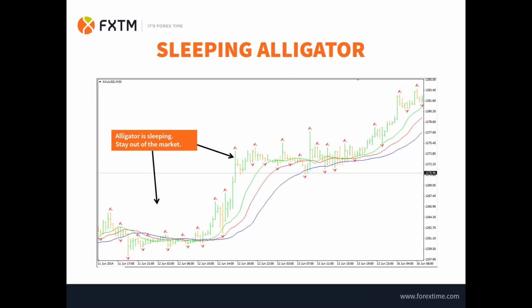They are not opening and going down. They are mixed up like a spaghetti, like in this case here. So here the alligator is sleeping, and it's not a good opportunity to take any of these fractals to buy or sell. The same is true here, in this case here. Alligator is sleeping. You stay out of the market. It's a range, right? And you know exactly what I say about the range. We stay out of the market.